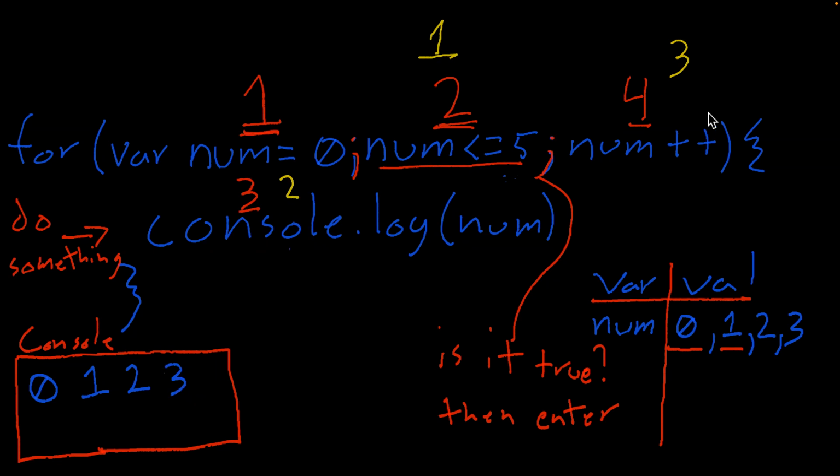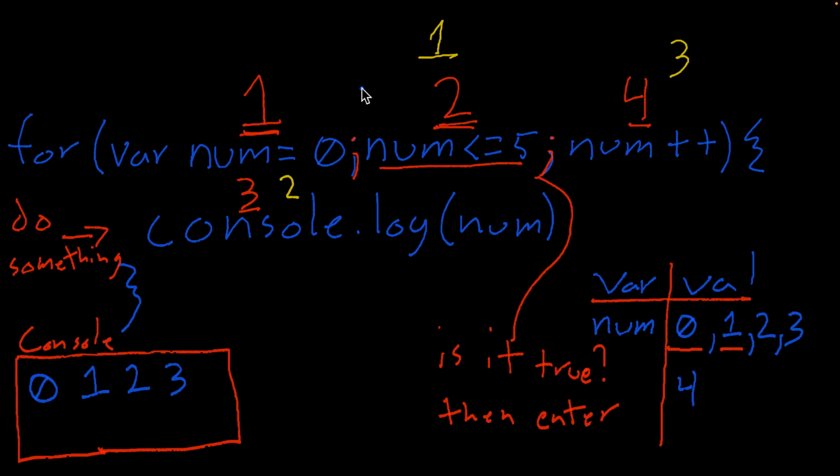After we do 2, and we go back to 3, and we increase it again. All right, so let's go down to this line here. 4, our num is now 4. Is num with the value of 4 less than or equal to 5? Yes, it's true.